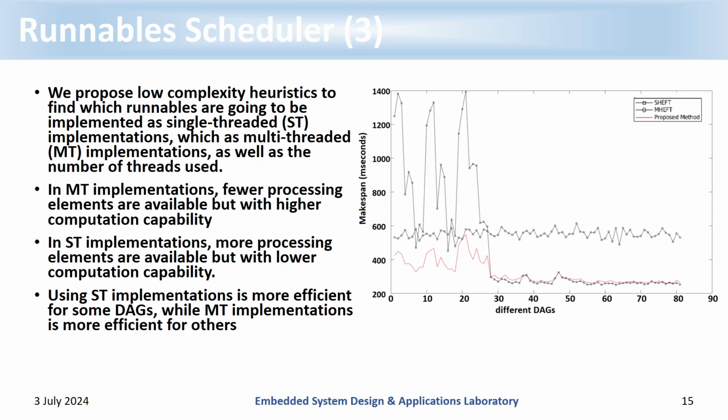In this figure, we show the scheduling length make-span of these three methods for 81 different DAGs. As can be observed, in the first 27 DAGs, MHEFT performs better than SHEFT, while SHEFT performs better than MHEFT for the remaining DAGs. Our method is either more efficient than both SHEFT and MHEFT, or follows the trend of the best of the two.